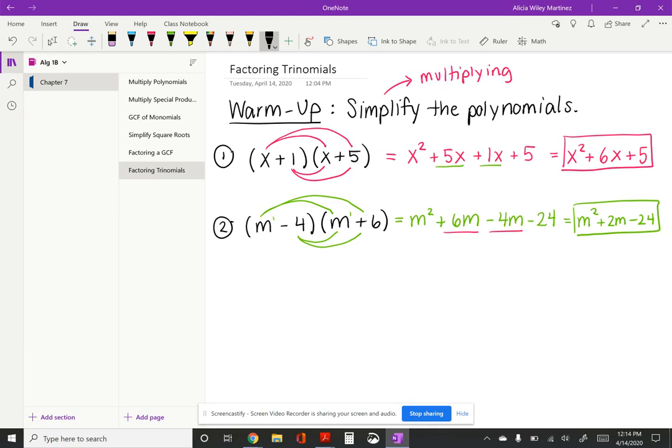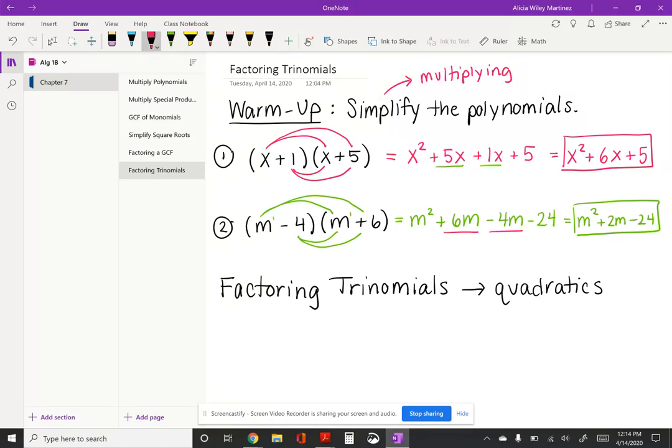So today we're going to be talking about factoring trinomials. Specifically, these trinomials are going to be quadratics. Quadratics are, if you remember, special polynomials where the highest exponent is a 2.